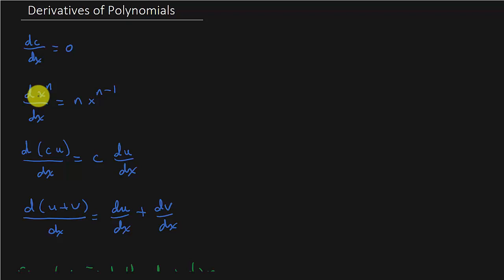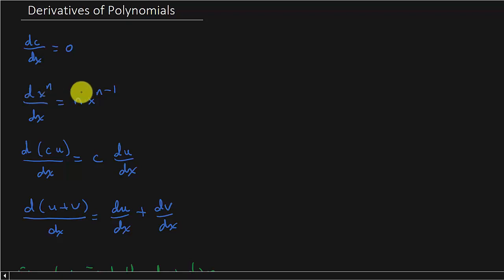Okay, you've got a variable raised to some number. All right? And so when you have that, all you do to take the derivative is the exponent comes down in front, the n. See, n is your exponent. So the exponent comes down in front, and then you subtract 1 from the exponent. And that's it. Yes, it's that easy.